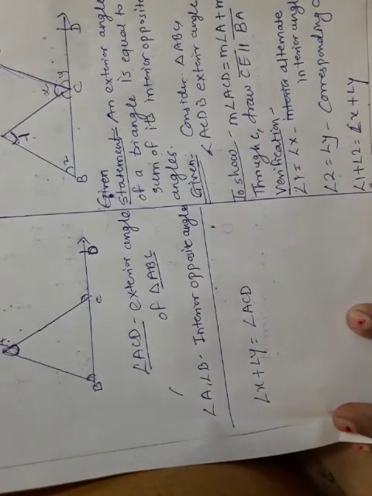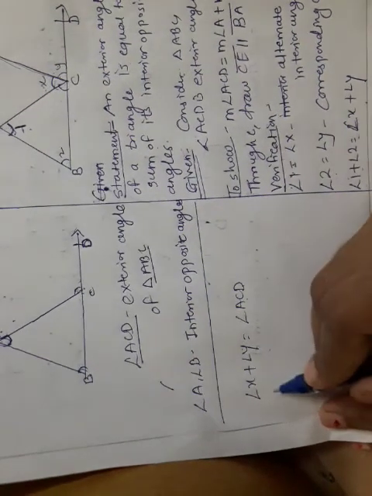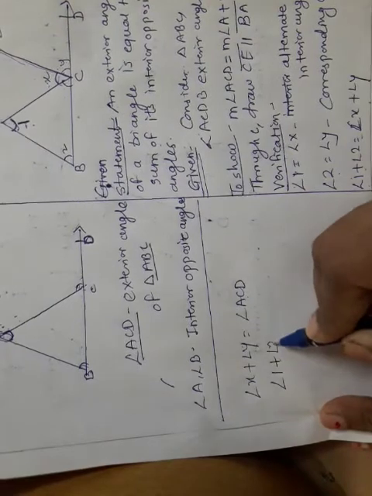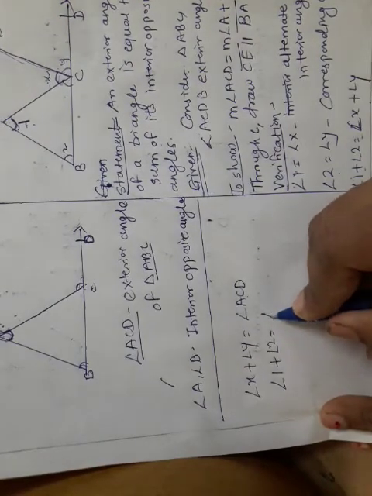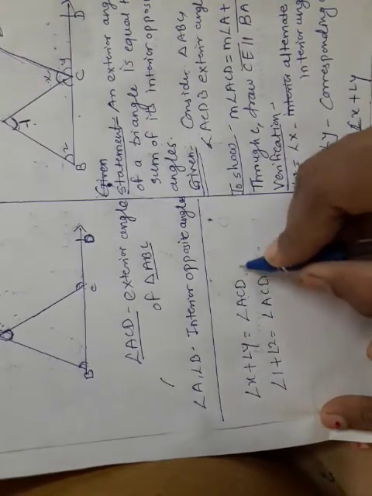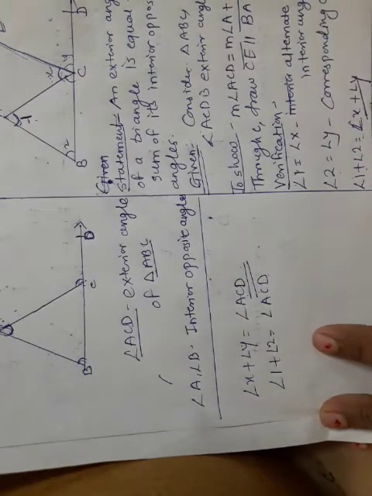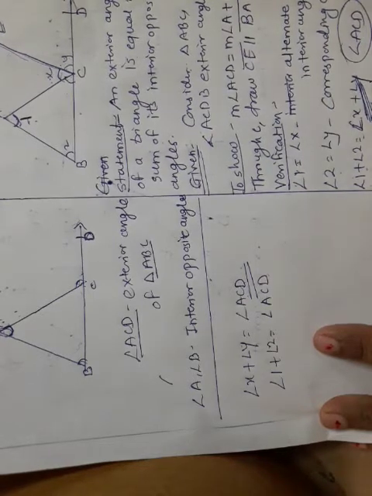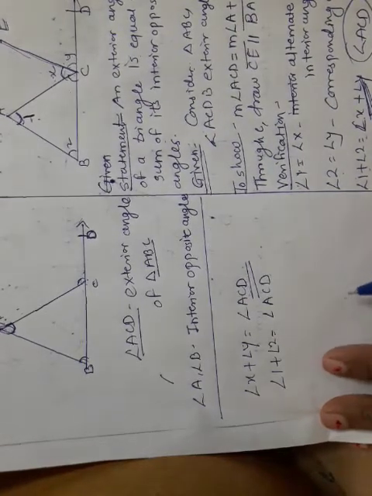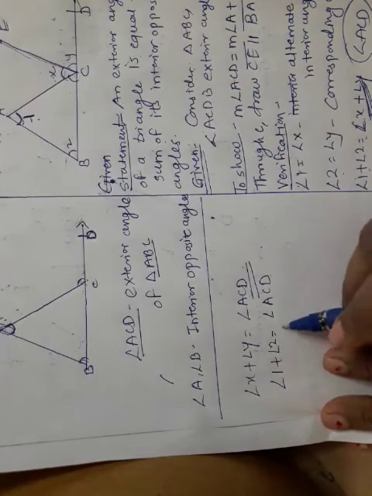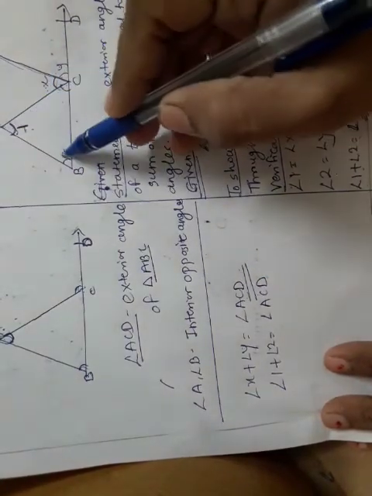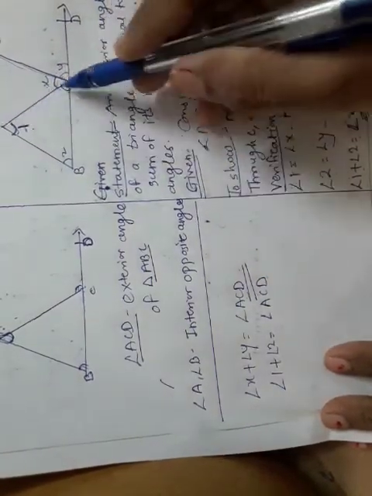Therefore angle 1 plus angle 2 is equal to angle ACD.